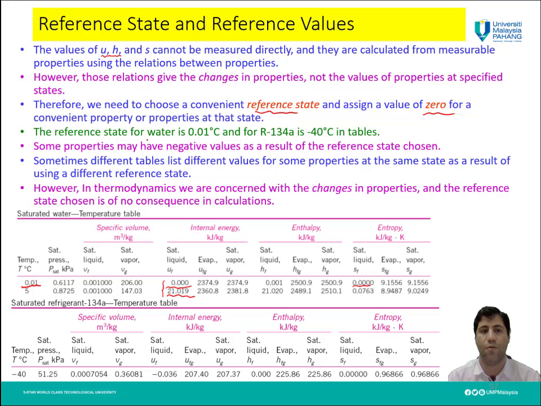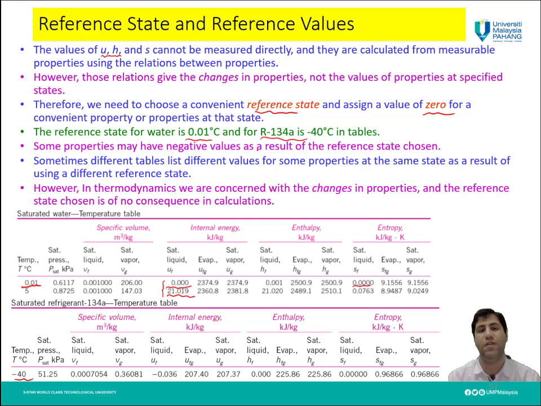And the reference state for water, you can see here, is 0.01 degrees Celsius, and for this refrigerant it is negative 40 degrees Celsius. In these two different tables you can see this. And this is because of the reference point we have selected as the reference state in these tables.